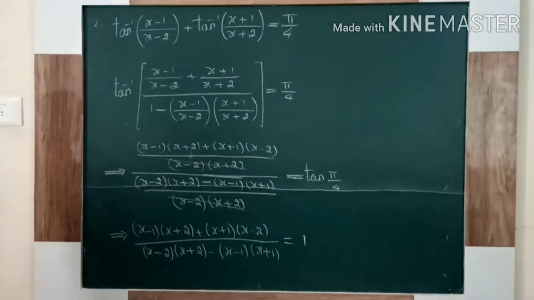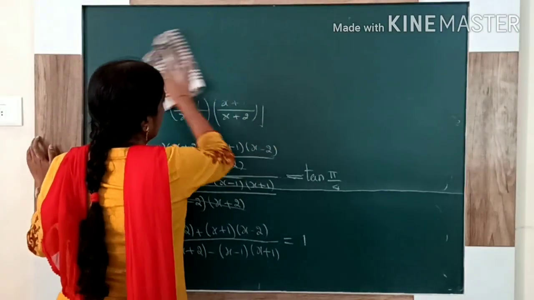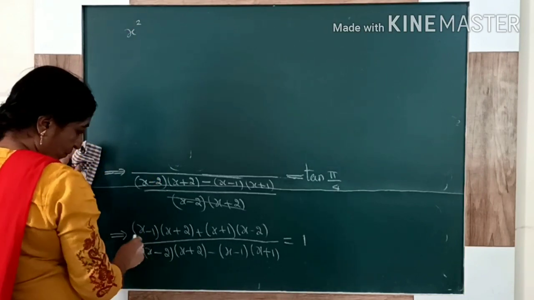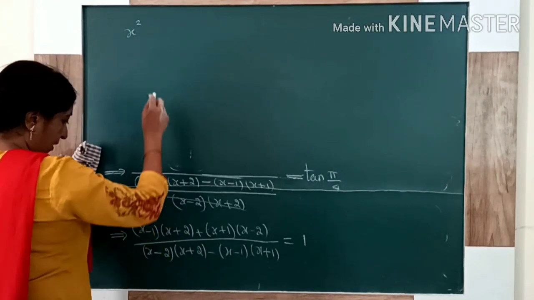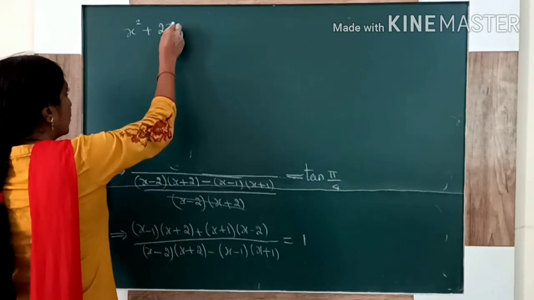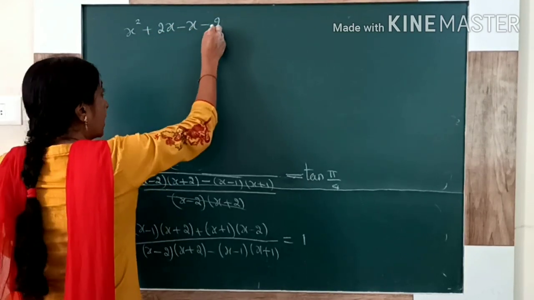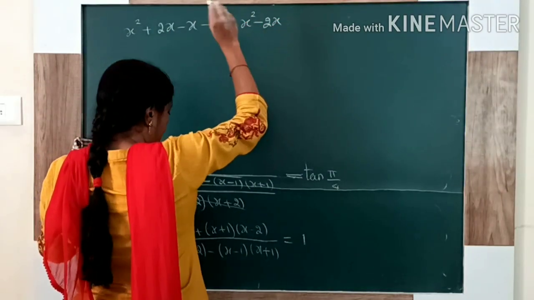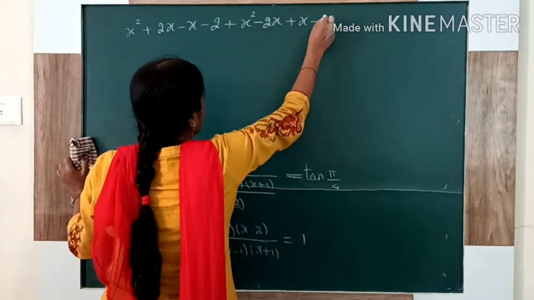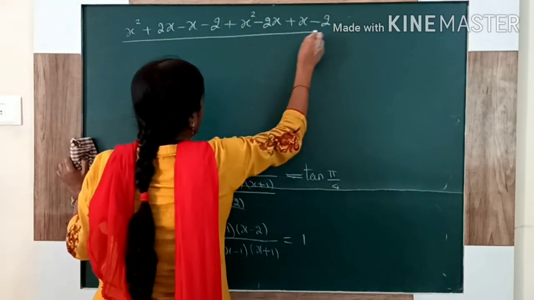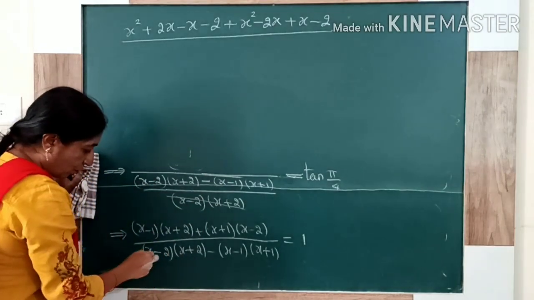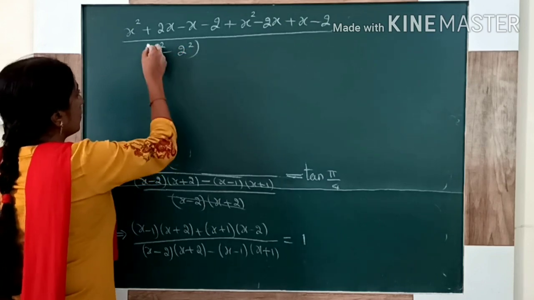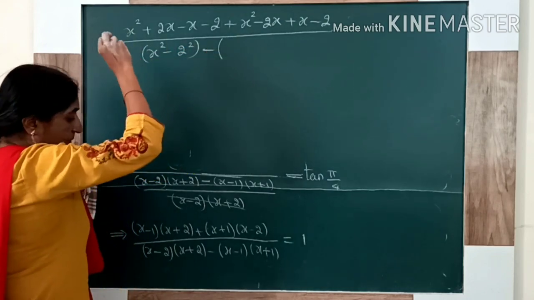Now remove the brackets and go for multiplication, term by term. I hope all of you are familiar with that. x into x, x square plus 2x minus x minus 2, plus x square minus 2x plus x minus 2, divided by these brackets, which are in the form of a minus b, a plus b, a square minus b square, and the middle minus, that's why I am writing it in brackets.